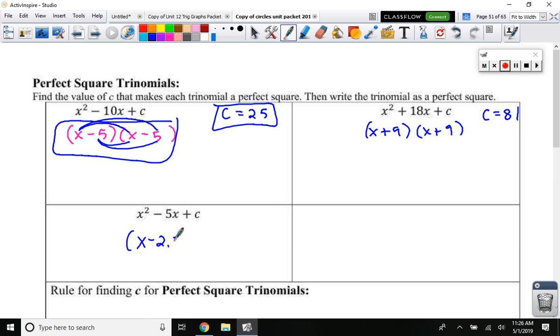X minus 2.5, X minus 2.5, and what does that make C? Because you gotta check on here. 6.25. Okay, so let's say not everybody's gonna be able to do this in their head. Could you give somebody a rule? Like, what could you do?